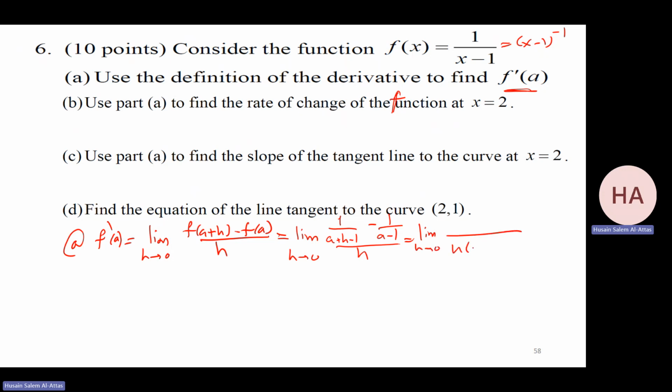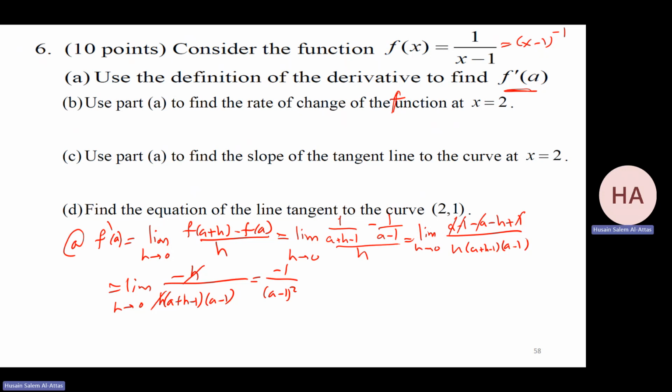I have h, a plus h minus 1, a minus 1. And this is what? A minus 1 minus a minus h plus 1. Cancelled. This is cancelled. So I have limit h goes to 0 of minus h over h, a plus h minus 1, a minus 1. This is cancelled. h goes to 0. I have minus 1 over a minus 1 squared.